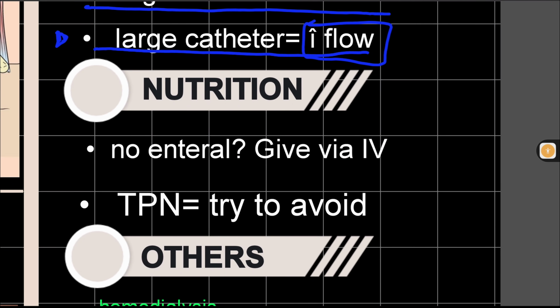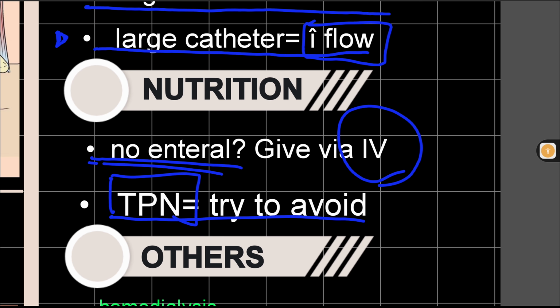How about nutrition? Yes, one of the indications of central line is for TPN feeding, although this is what we try to avoid. TPN is something that we don't really want to give to our patient unless it is the last resort, because we can actually give TPN via peripheral IV.